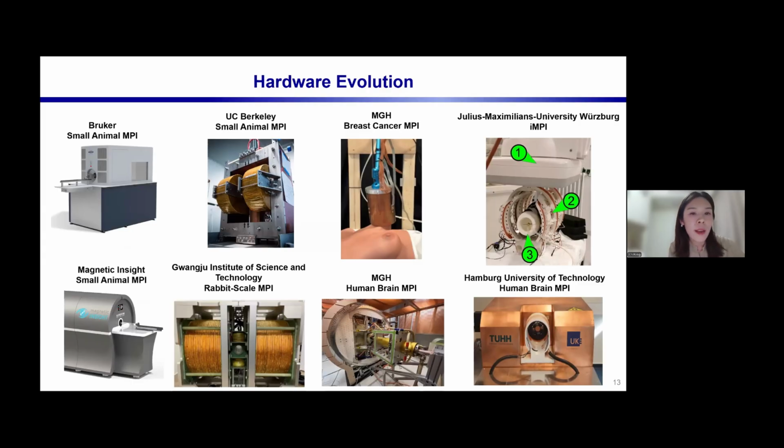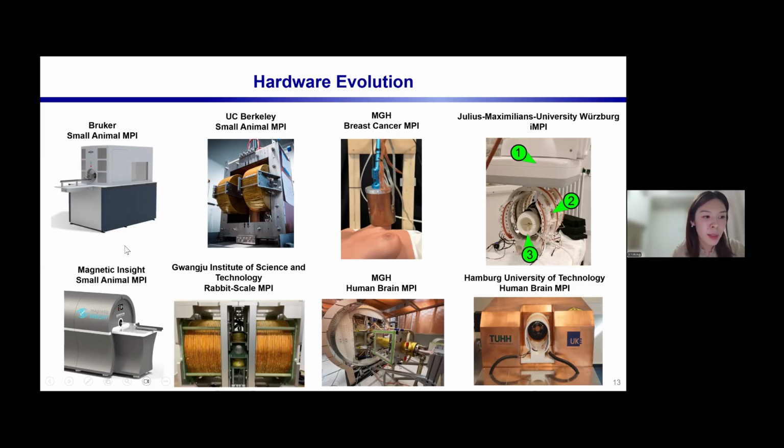Now let's look at the current landscape and some future trends for MPI hardware, or MPI scanners. Ever since the principle of MPI was proposed in 2005, several research teams around the globe have been dedicated to developing and refining these systems. Currently, small animal MPI has become increasingly mature, and we already have commercialized scanners from Bruker and Magnetic Insight.